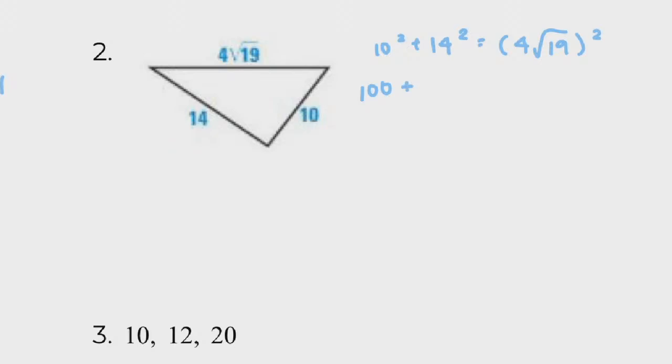That's 100 plus 196 equals, so a way to do this is to either plug it into a calculator, or you can distribute the squared. 4 squared is 16, and square root of 19 squared is going to be 19. So you could do 16 times 19, and you'll get 304. So we get 296 equals 304, which is not true, so it's not a right triangle.